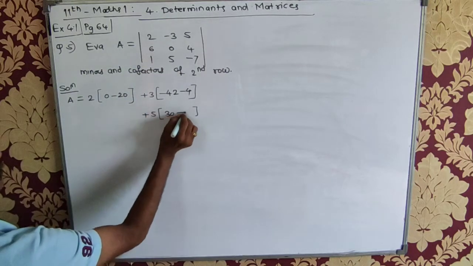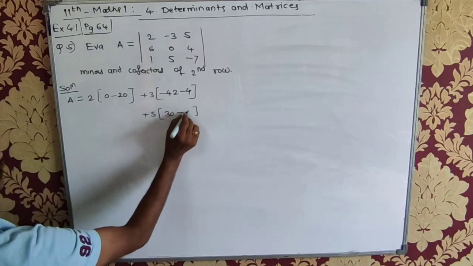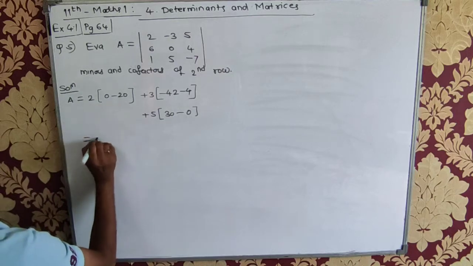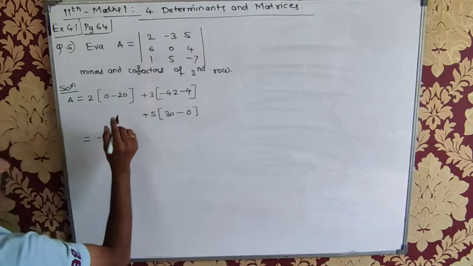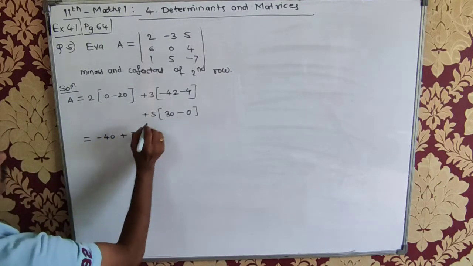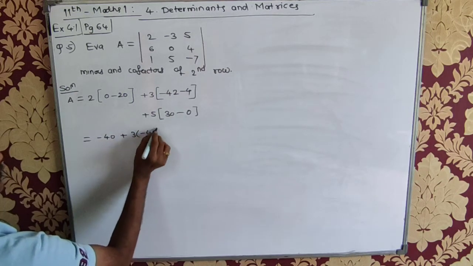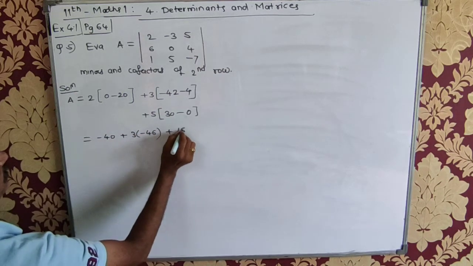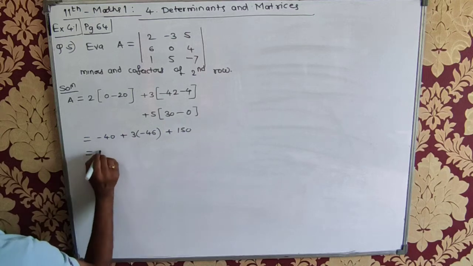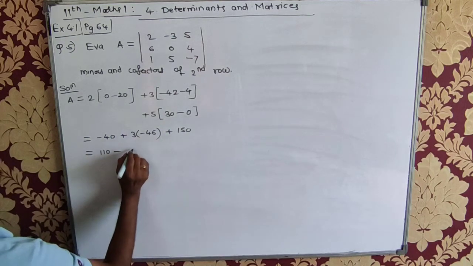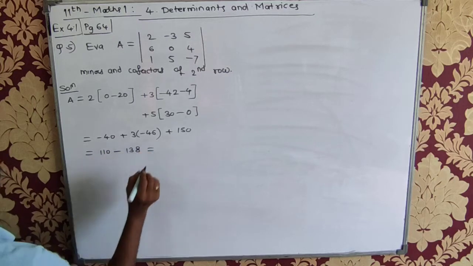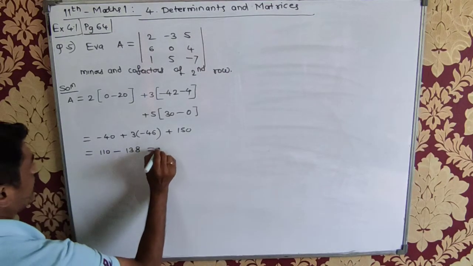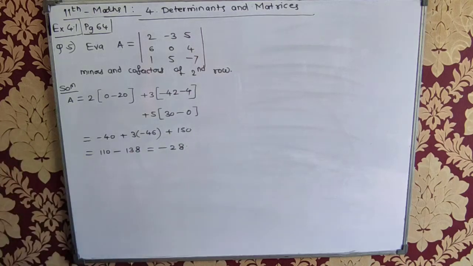So what do you get there? Minus 40. This will become plus 3 into minus 46 plus 150. 150 minus 40 is 110 minus 138. So this will become minus 28. That is determinant of A. Is this okay? Okay.